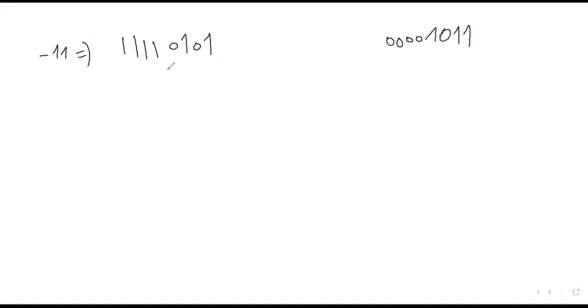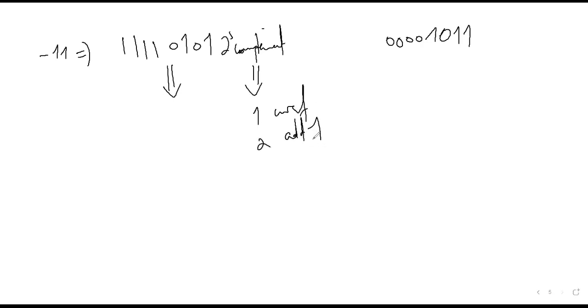Right. The process of finding the 2's complement: number 1, you invert; number 2, you add 1. The process of going vice versa: number 1, you subtract the 1.